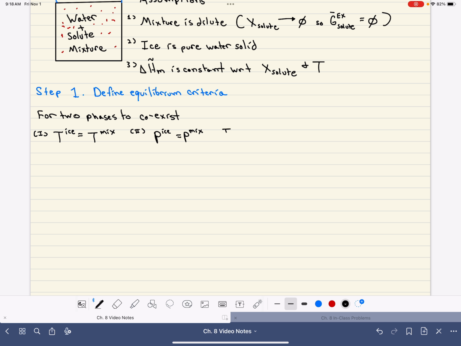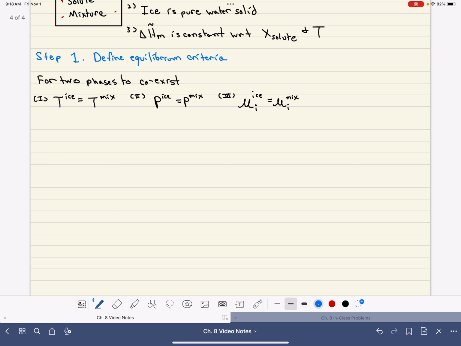And the third criterion is that the chemical potential of a species in the ice phase has to be equal to the chemical potential of a species in the mixture phase. Those are all of our equilibrium criteria. That's the first step, define those.